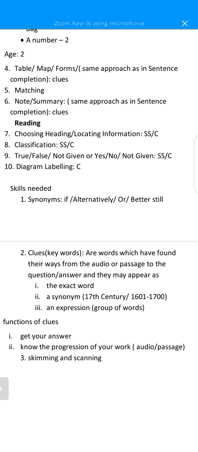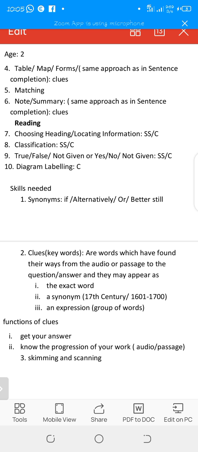If they did not mention anything about it, you write not given. The same criteria you use in getting true is the same criteria you use in getting false.